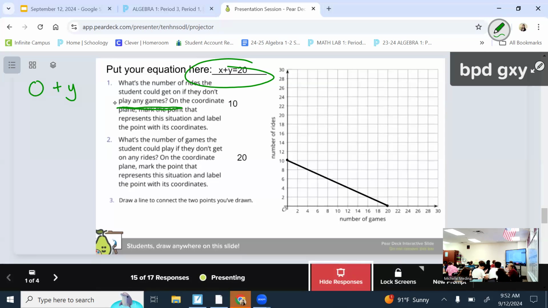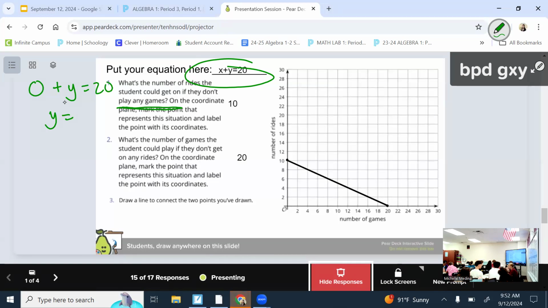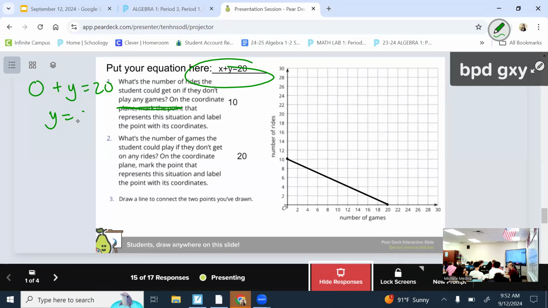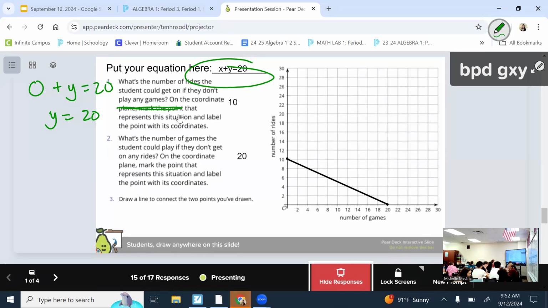We know it costs $1 per game because of the way it's set up, but we want to know if they don't play any games, how many rides can they go on? And what is 0 plus Y? Anything plus 0 is just that other thing, right? And if Y is supposed to represent number of rides, then they can go on 20 rides.